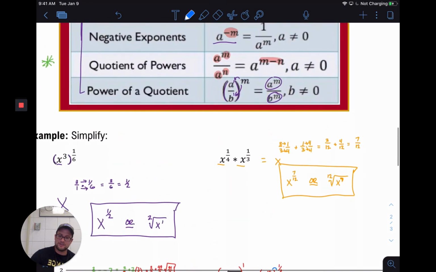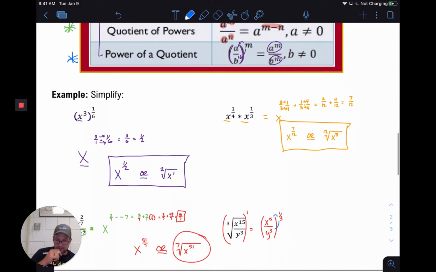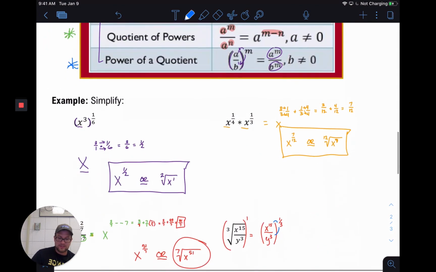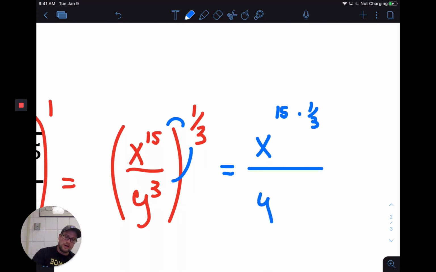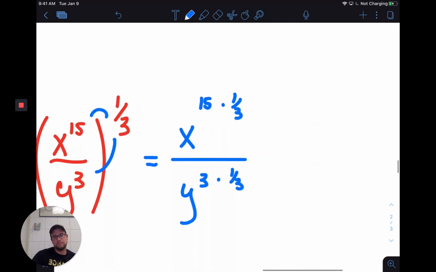So this is matching up with our power of a quotient rule, meaning that the exponent on the outside gets multiplied by the exponents on the inside. So I would get x to the 15 times 1/3 over y to the 3rd times 1/3. Of course, 15 over 1 and 3 over 1.